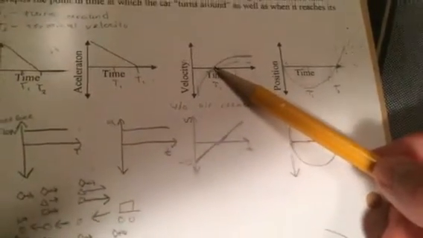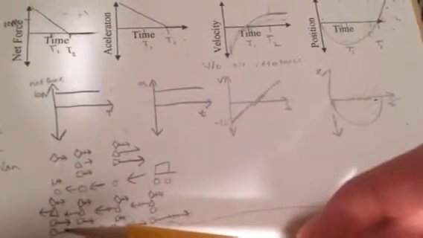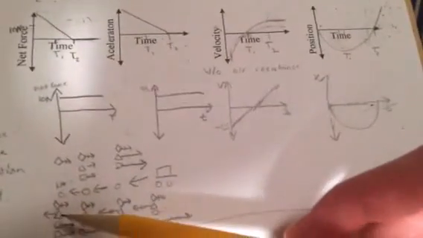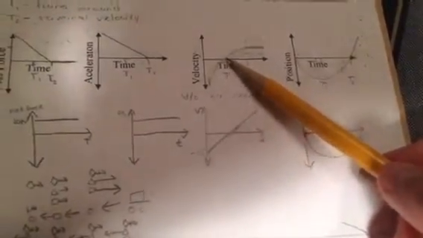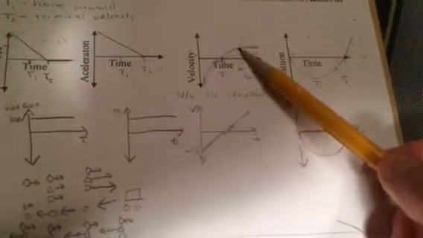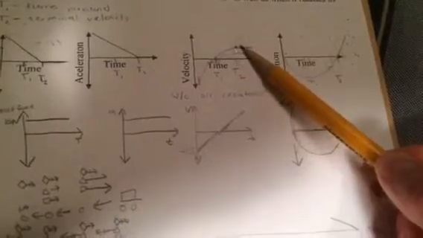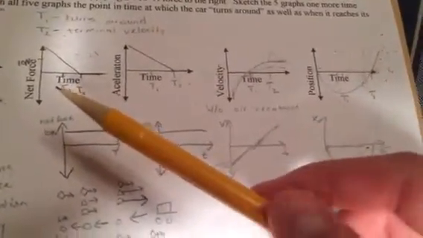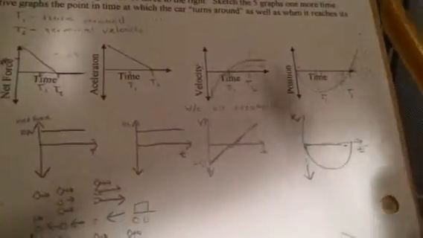And then the velocity hits 0 right there, and then it starts to increase, but because drag force is sort of changing, I have it still increasing like this, and then it'll hit a constant velocity as soon as drag force equals the applied force. So that's T2, the terminal velocity.